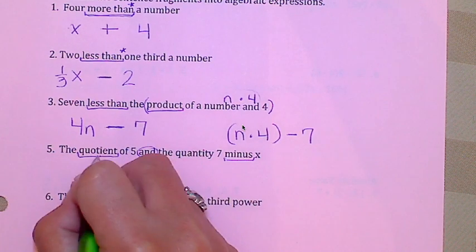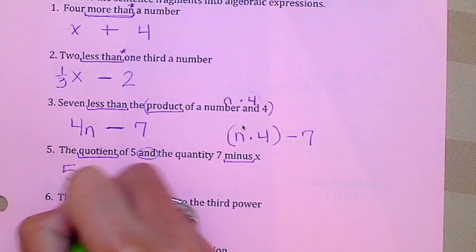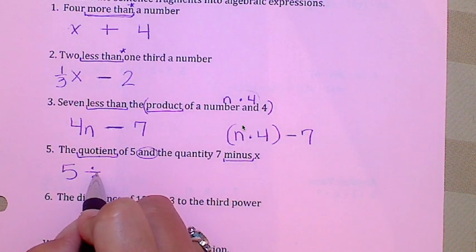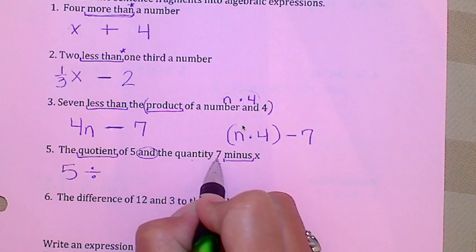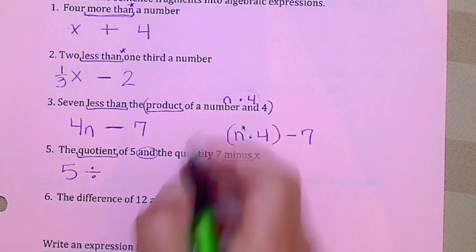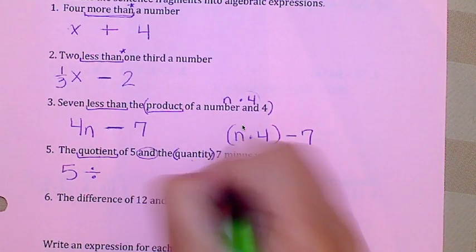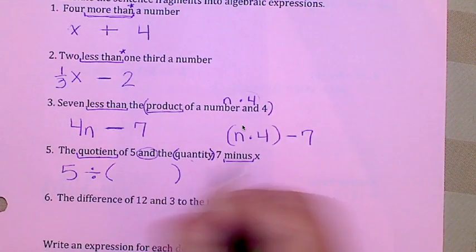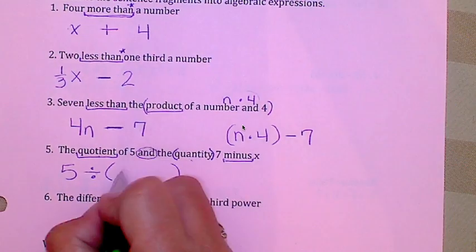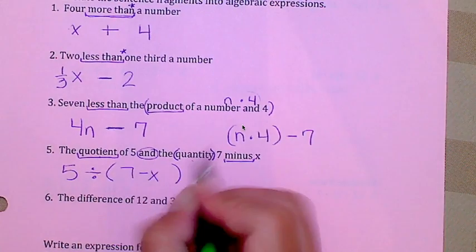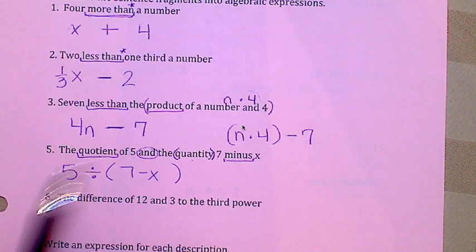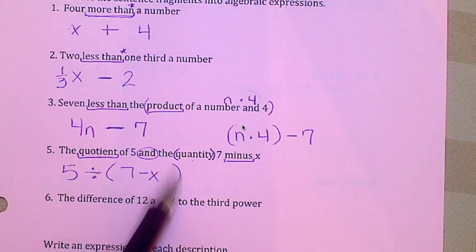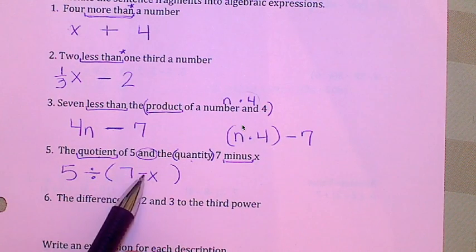So the quotient of 5 and, so the and tells you where to put the operation. The quantity 7 minus x. Now quantity pretty much tells you to use parentheses. And then 7 minus x is 7 minus x. So the quotient of 5 and the quantity 7 minus x.